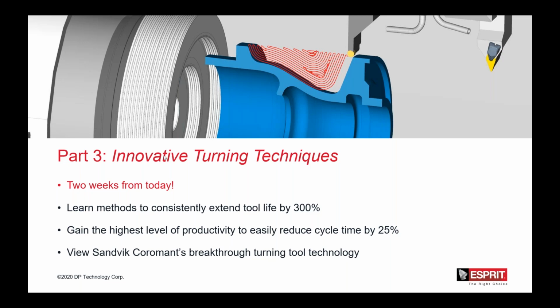So when pecking, try not to fully retract if you're clearing the chips. You may have to fully retract if you're not, but if you can help it, try to stay within the hole on your pecks. Okay, and that can be done with the drilling cycle, the chip breaking cycle that Kevin was showing earlier. You can achieve that method that Jim was talking about.